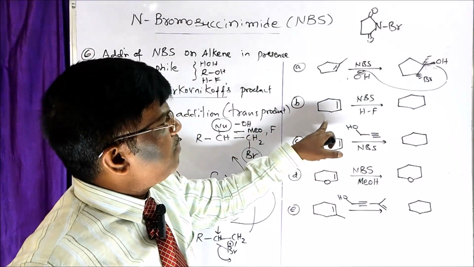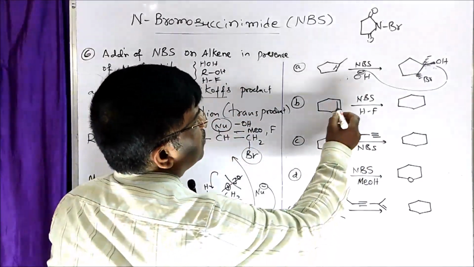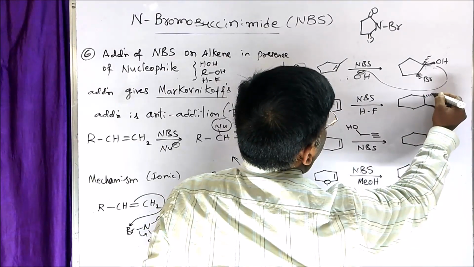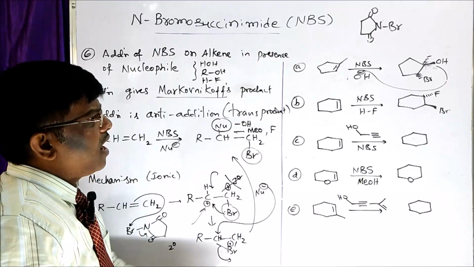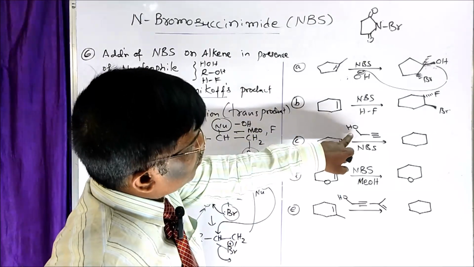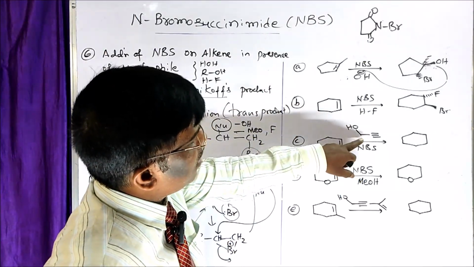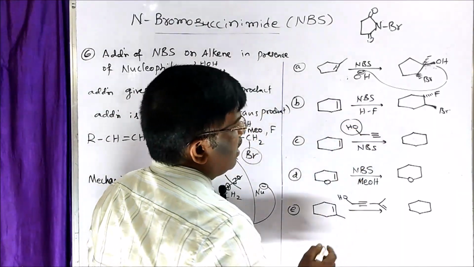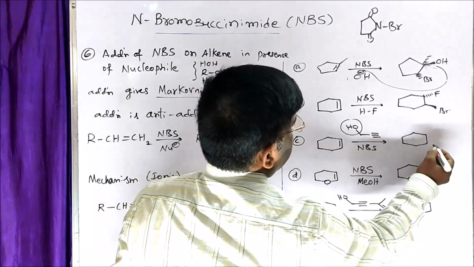So let us see this NBS, HF. You can add bromine here and here fluorine. Straight away you can add the addition product here also. So don't confuse. This is propargylic alcohol, propargyl alcohol. So imagine this is an alcohol and this is the R group. What is going to happen?